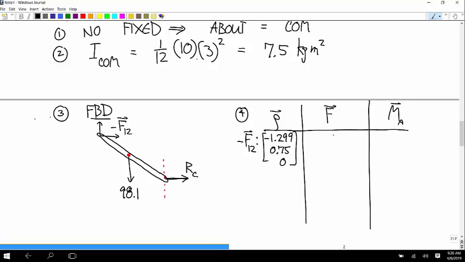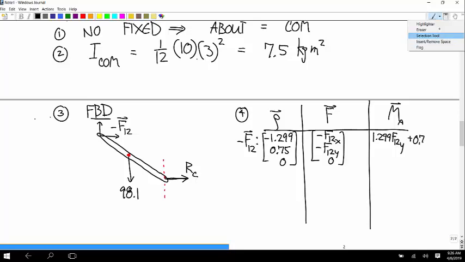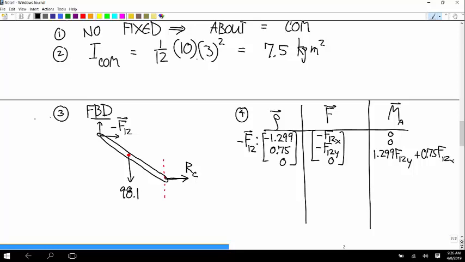The force vector is negative F12x, negative F12y, 0. And the cross product is 1.299 F12y plus 0.75 F12x. This is the z component.